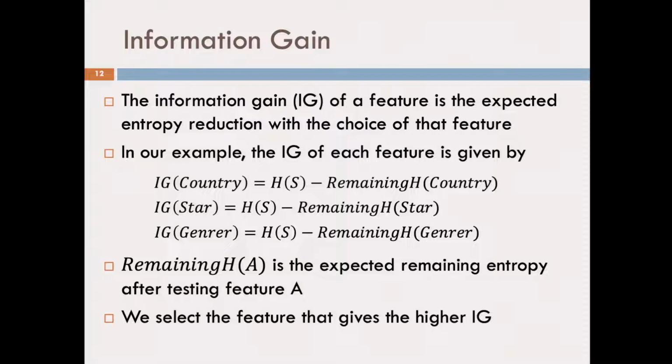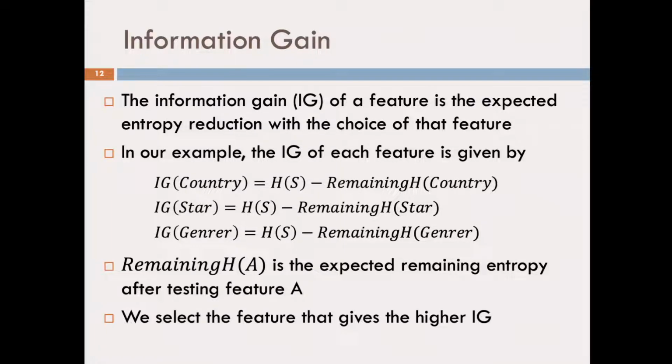Okay? So it's the same thing for all the other features. So the remaining entropy is the expected reduction in entropy when I choose a given feature. Okay? And we are going to select the feature that gives the higher information gain.